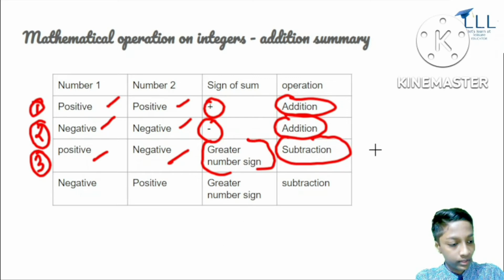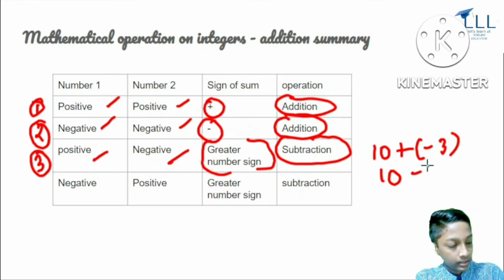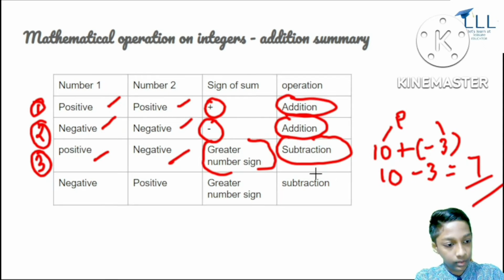In the previous case, we got the question as 10 plus negative 3, and this will become 10 minus 3, and the answer is 7. But is it positive 7 or negative 7? Since 10 is greater than 3 and 10 is a positive number, the sign for the 7 will be positive, that is plus, or we can just leave it as it is since it's a positive number.